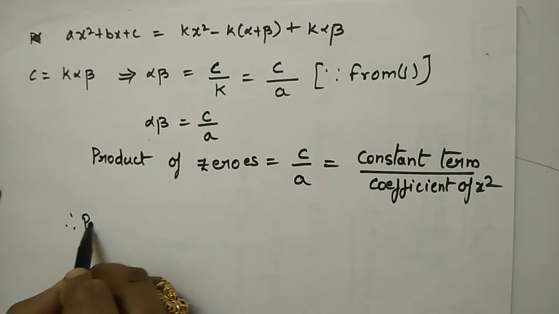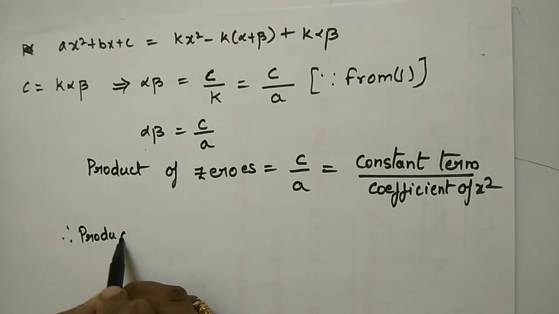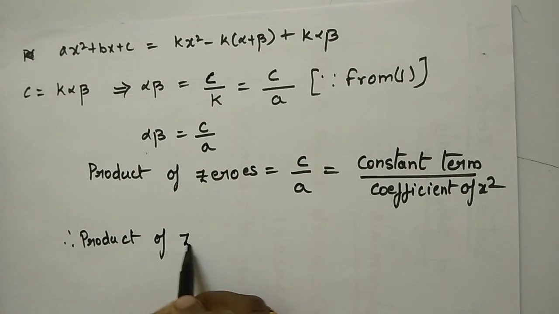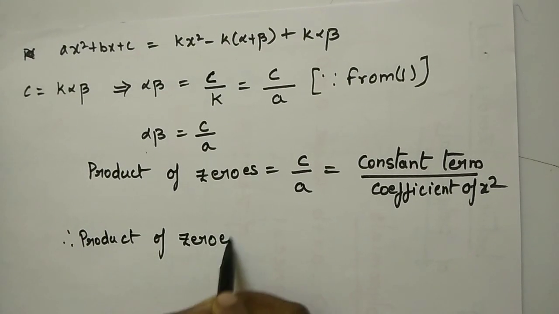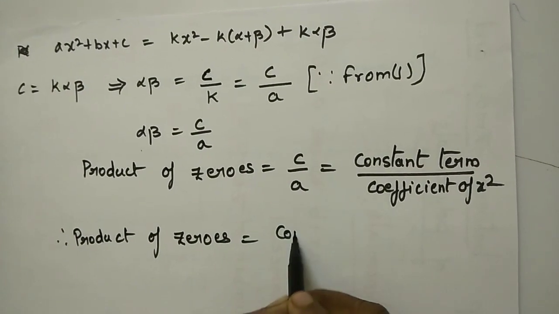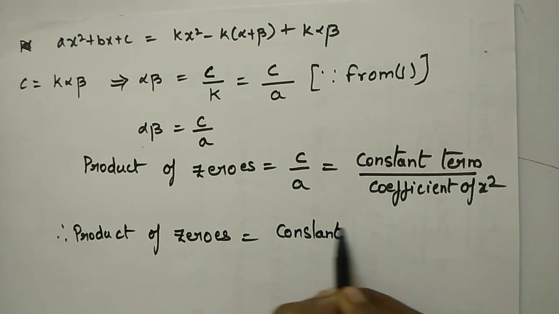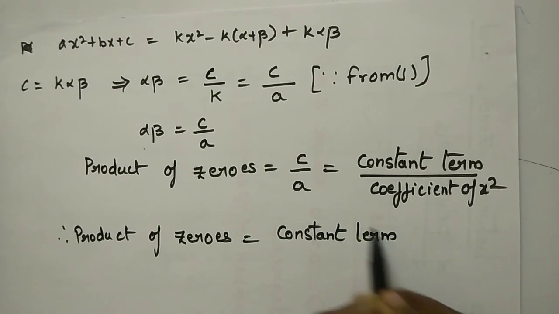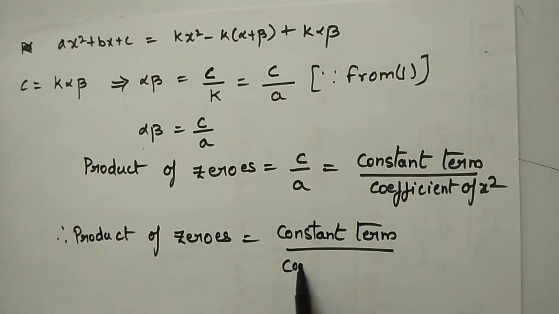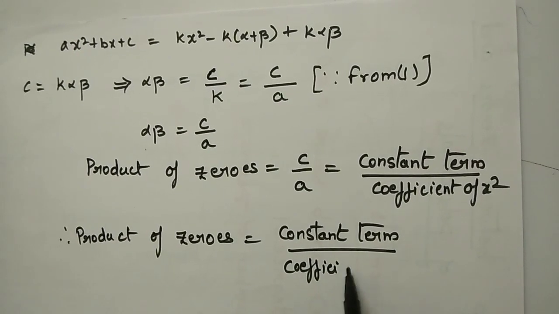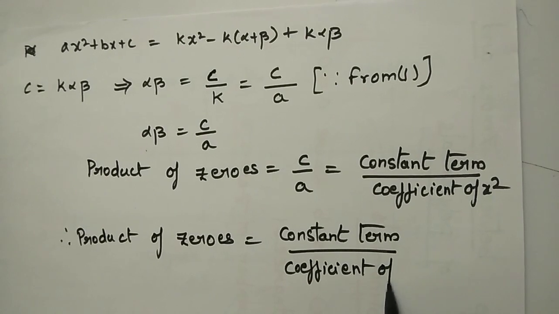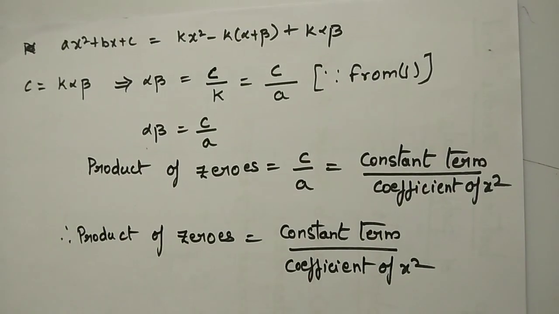Therefore, product of zeros equal to constant term by coefficient of x square. Keep this in your mind.